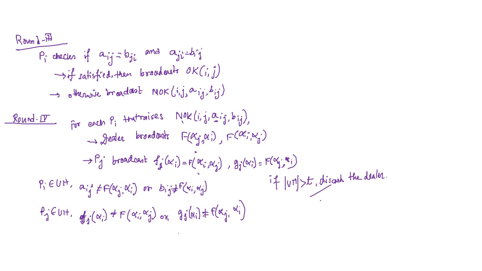That highly means that the dealer is corrupted, so you discard the dealer and you just run a default secret sharing of the value 0 and send the outputs. Otherwise, you proceed to round 5.